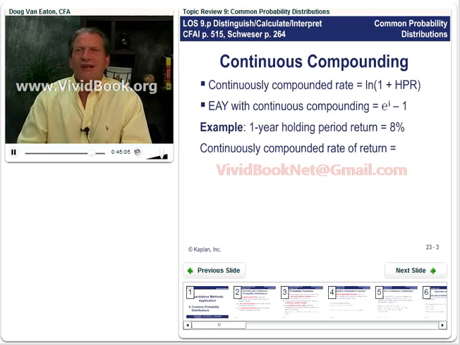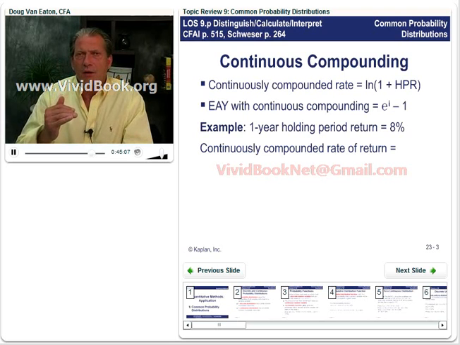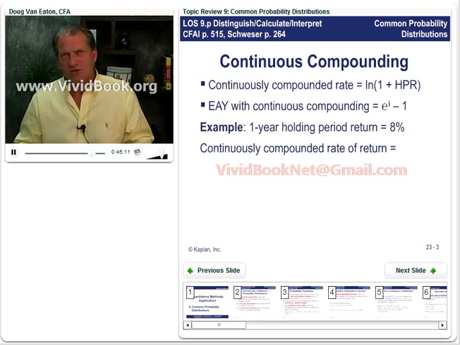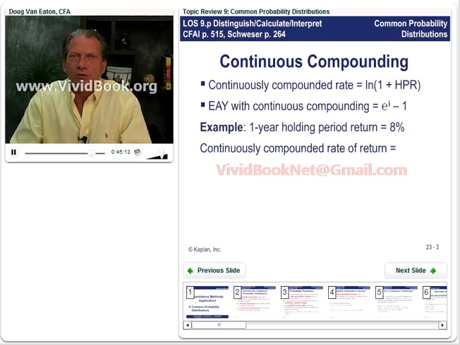So we're given an annual stated rate, but then we want to know what's the effective rate with continuous compounding. So that's what we're up to here. The equivalent annual yield with continuous compounding is e to the interest rate minus 1.